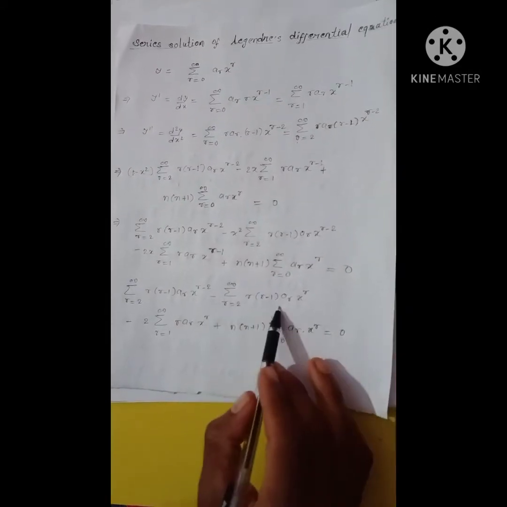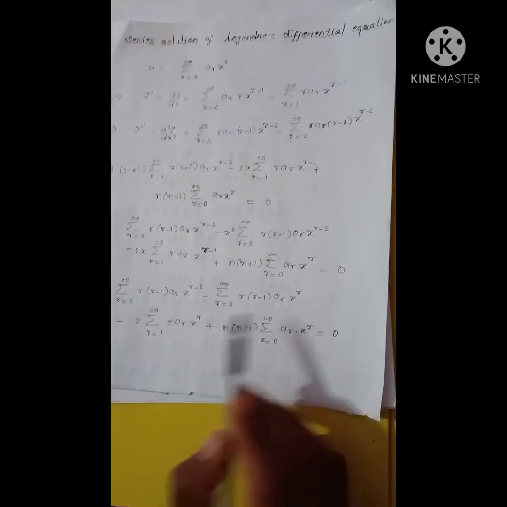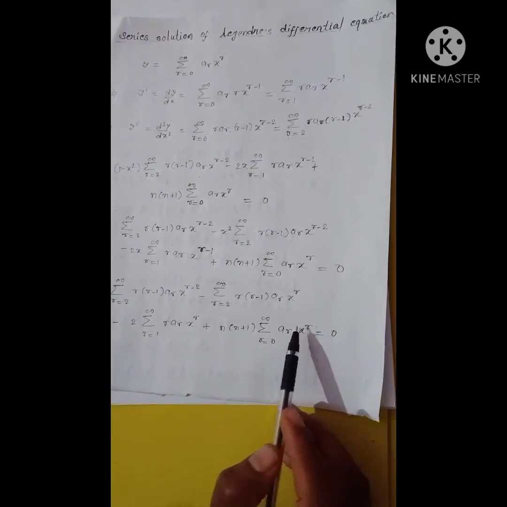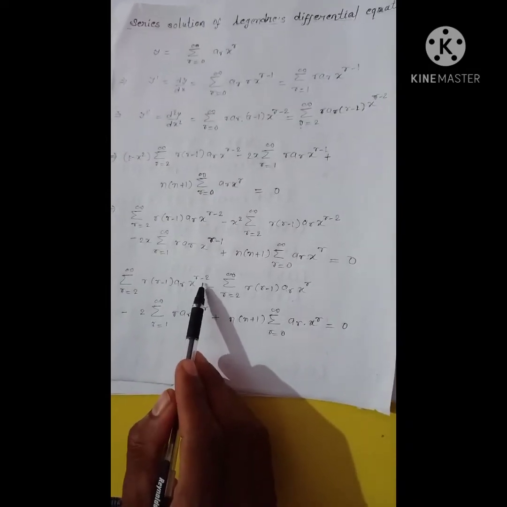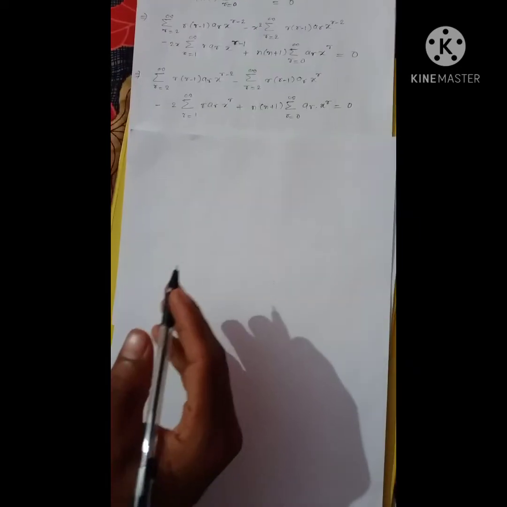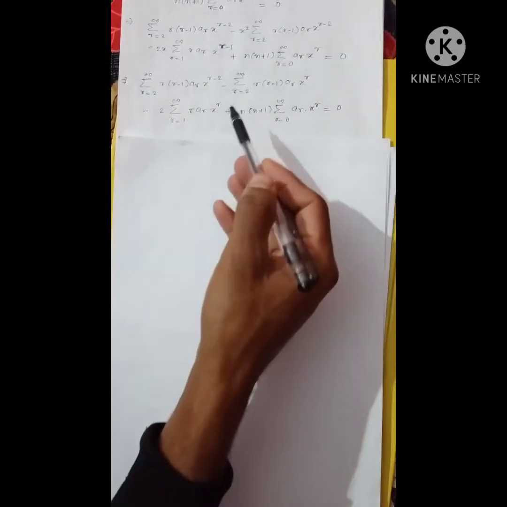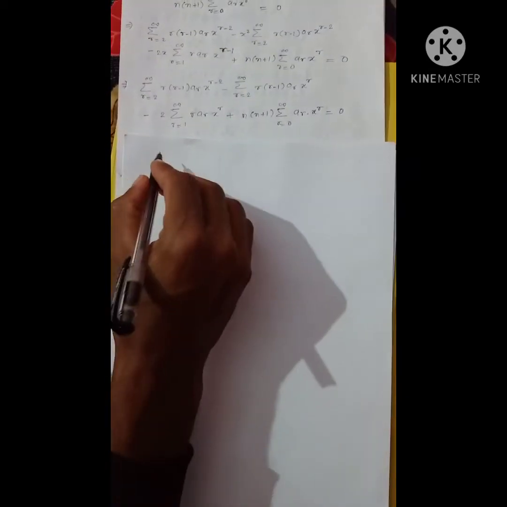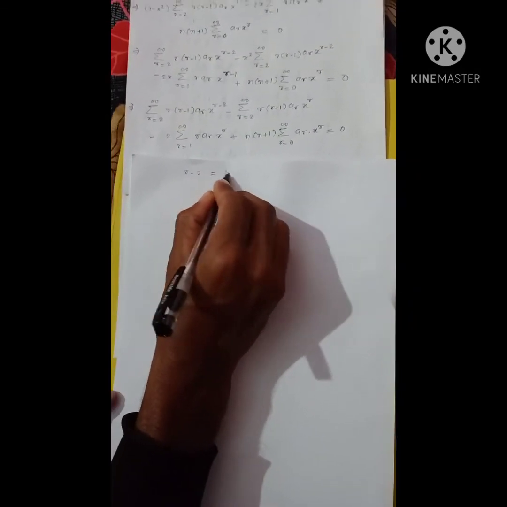In all of these terms except the first, the power of x is r, but in this term the power of x is r minus 2. Now to obtain a common power of x in each term, we put r minus 2 is equal to t.